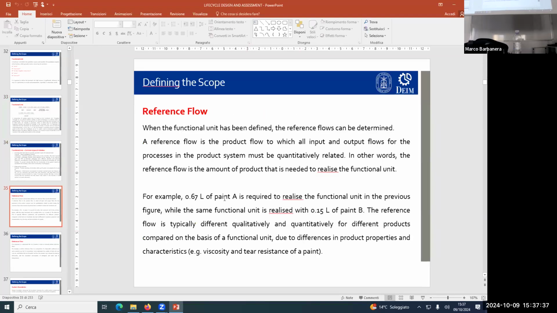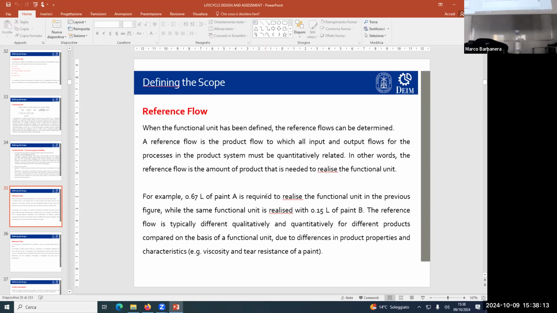In this slide, we have seen the example for the reference flow. In particular, 0.67 liters of paint A is required to realize the functional unit. Instead, for another product, paint B, only 0.15 liters of paint are required to realize the same functional unit.